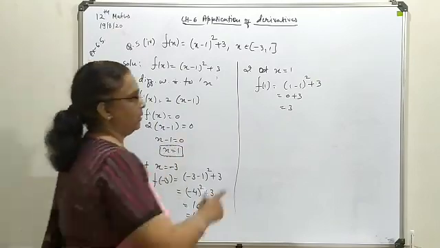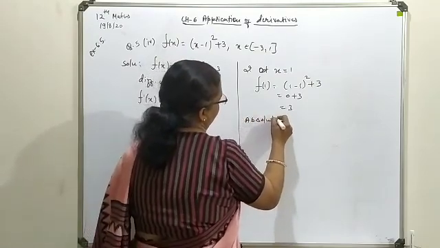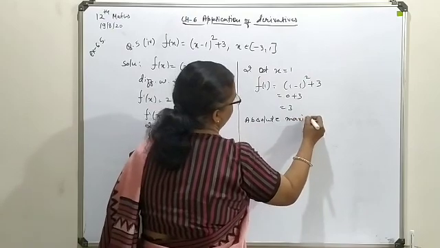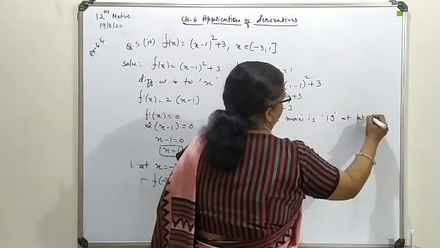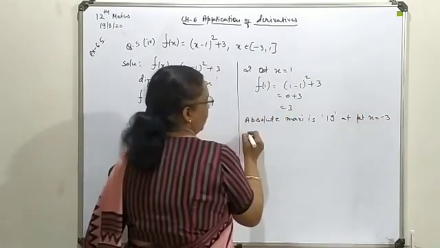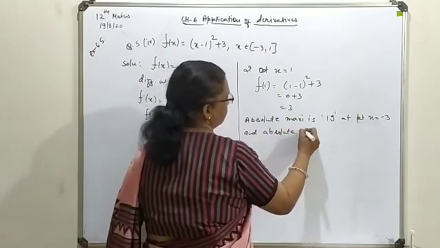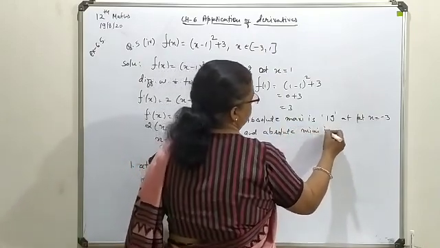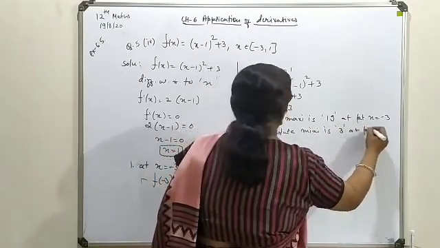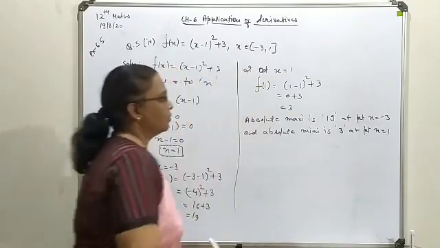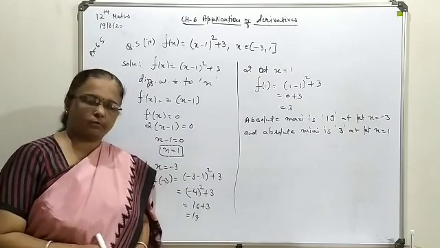So define your answer: absolute maxima is 19 at point x = -3 and absolute minima is 3 at point x = 1. So this way you can find out these two required solutions.